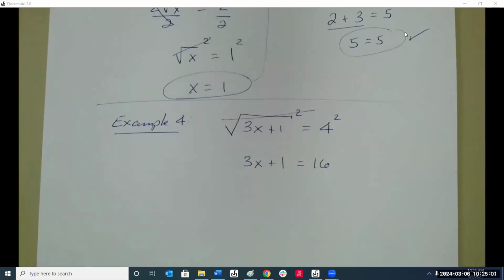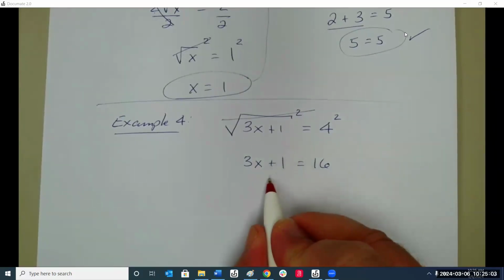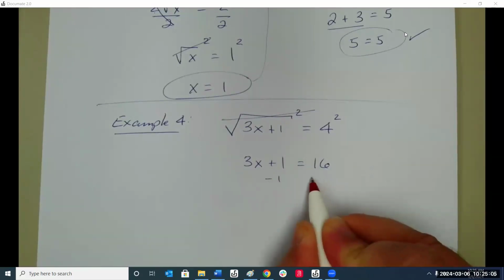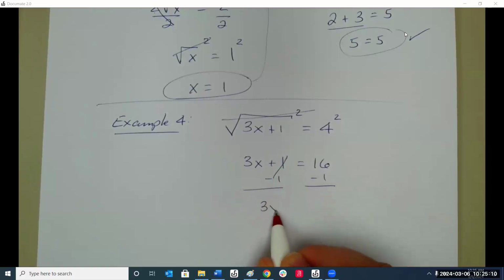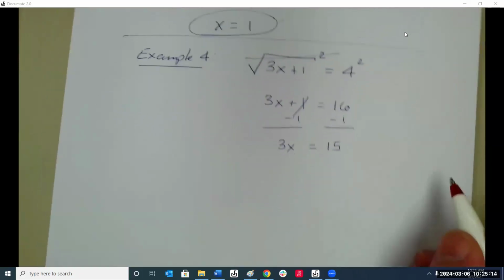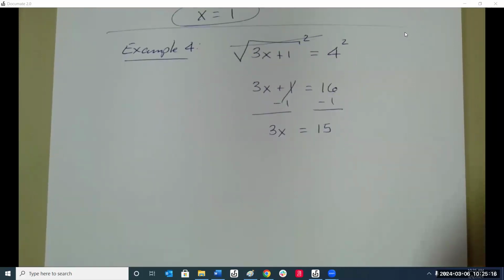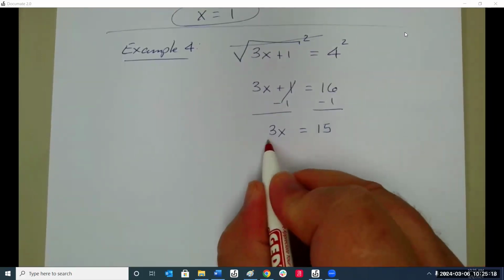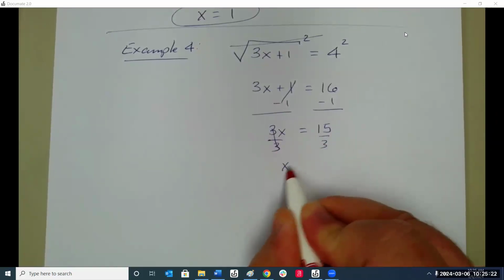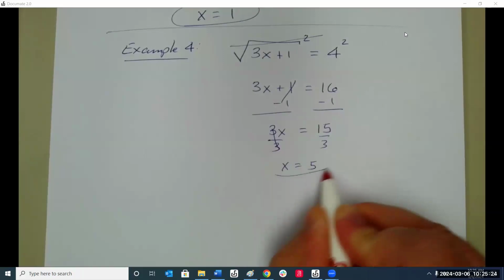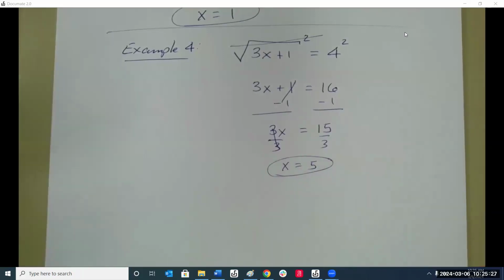Now solve for x. Subtract 1 from both sides, and divide by 3. So x is equal to 5. But check your answers.